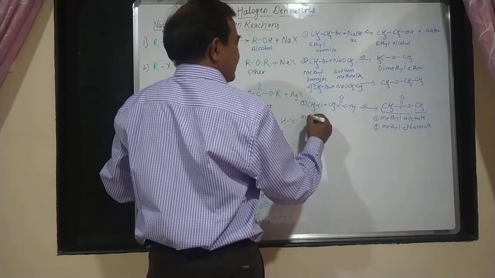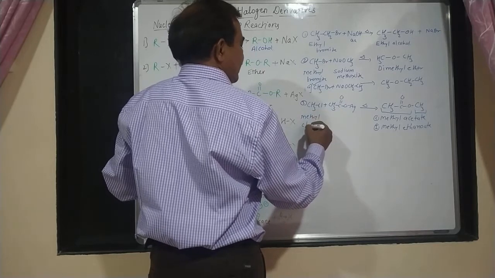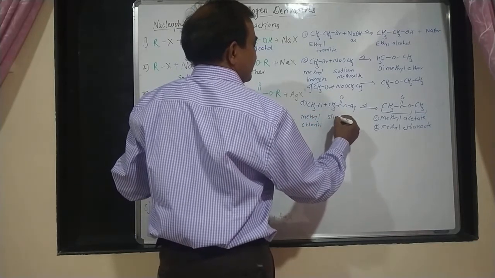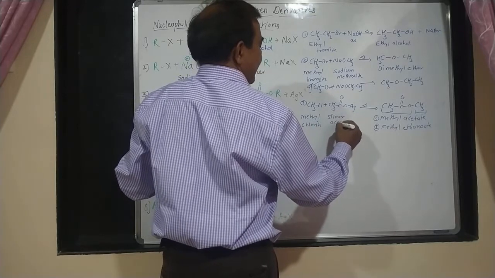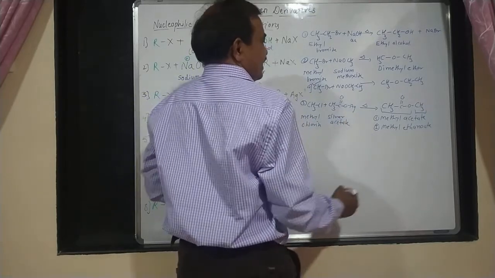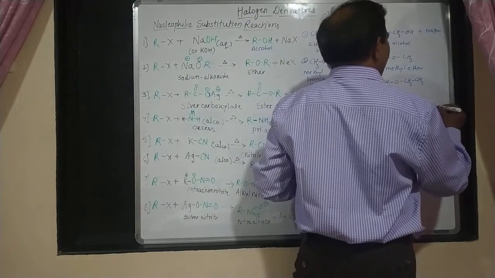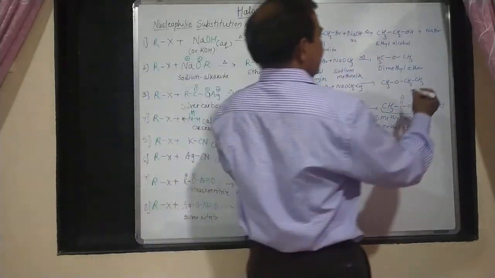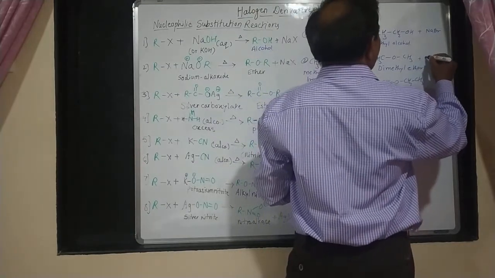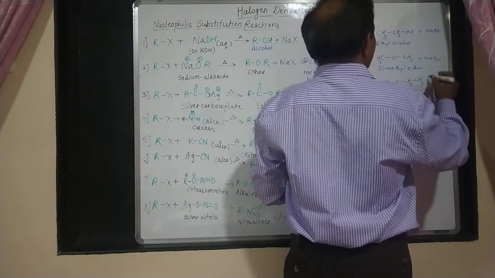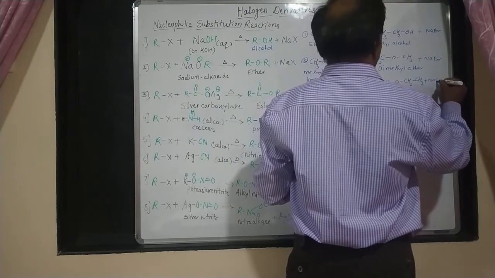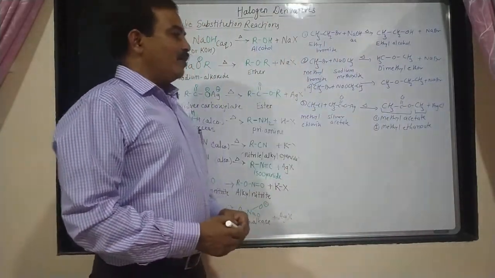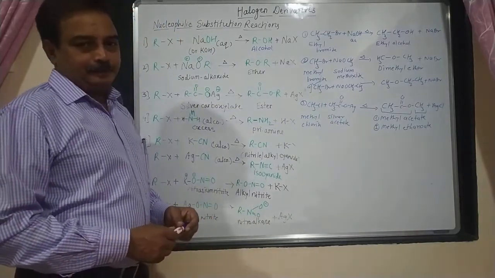That is methyl chloride, and here silver acetate is taken. Obviously, another byproduct will be AgCl. In the above reaction the byproduct is NaBr. In this way you can prepare methyl acetate.